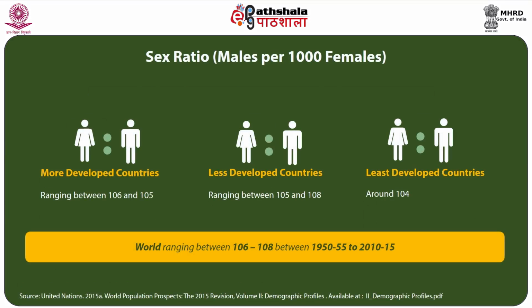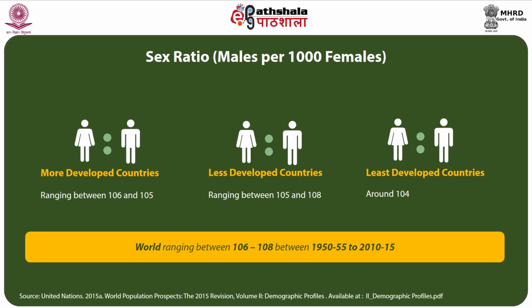Let's discuss sex ratio, which is an indication of the extent of gender bias that exists in society. If you look at the world as a whole, the sex ratio was to the extent of 106 to 108, from 1950 to 55 through 2010 to 2015, indicating clearly that there are more males than females worldwide, with a little variation.